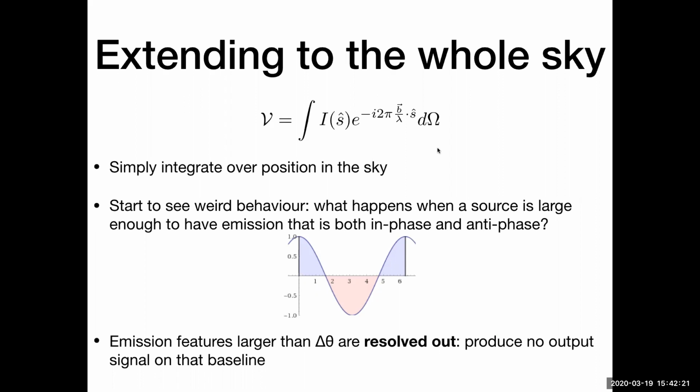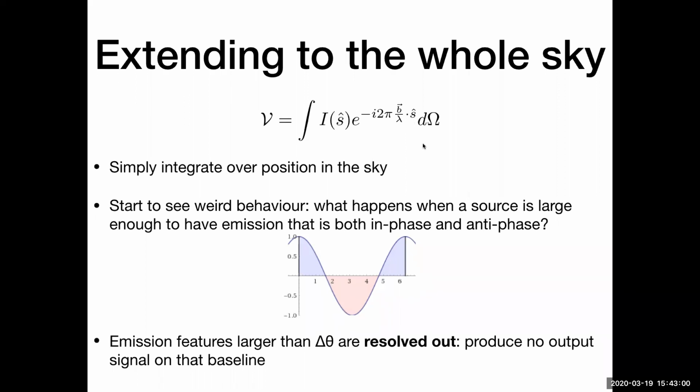And so the interferometer is only sensitive to emission that is smaller than its resolution, effectively on a per baseline basis. This is a very bizarre effect that we'll revisit probably next week. But it has some interesting ramifications for what kind of things the interferometer can detect and what it can't. It basically emerges out of this integral going to 0 under some conditions.